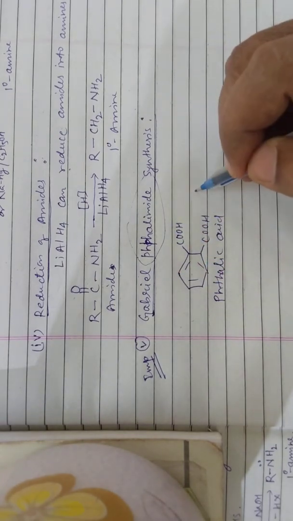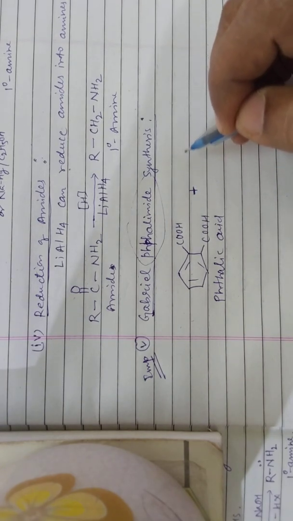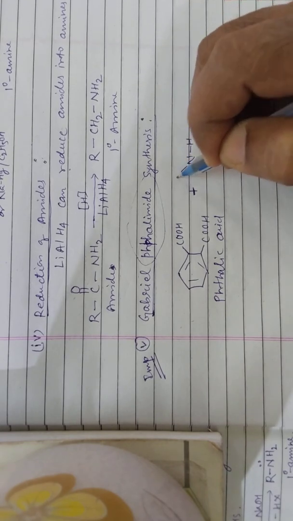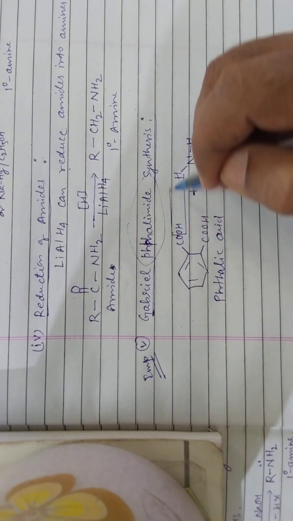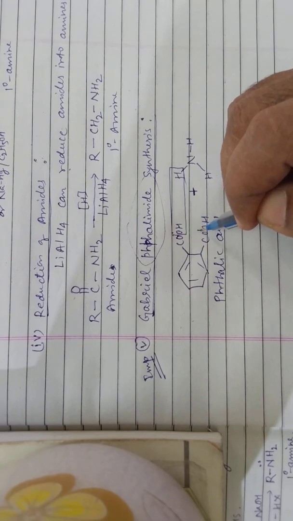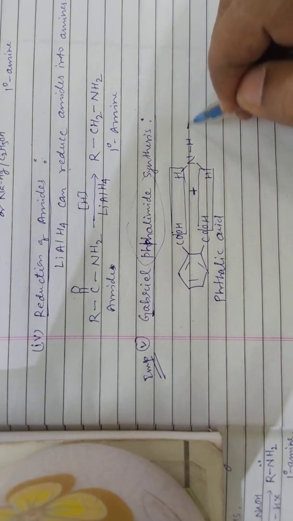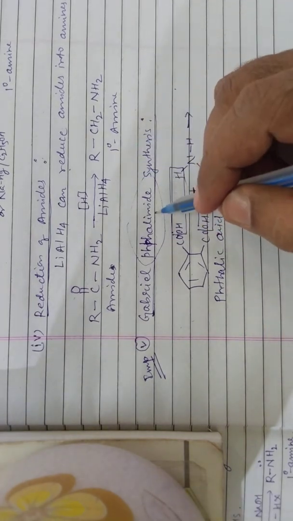Phthalic acid, when treated with ammonia, NH3, what do we obtain? Let's see.